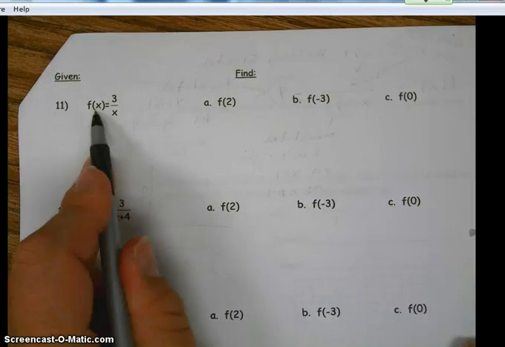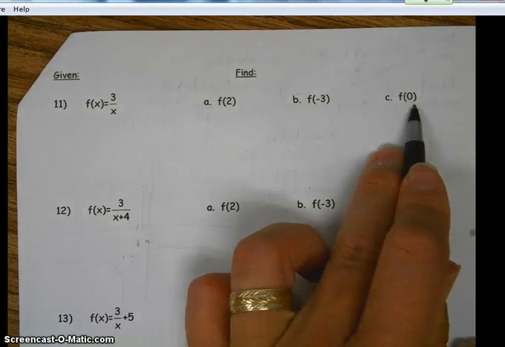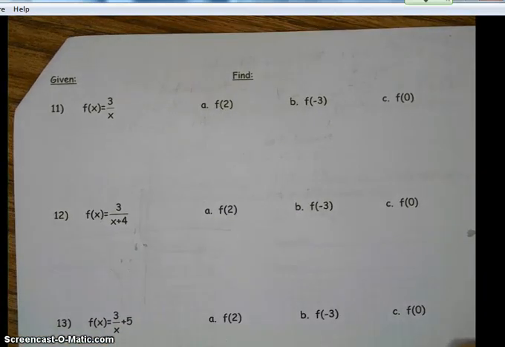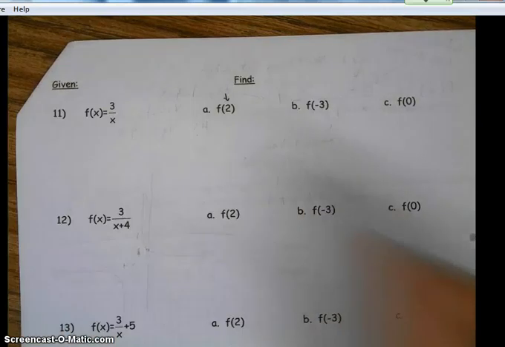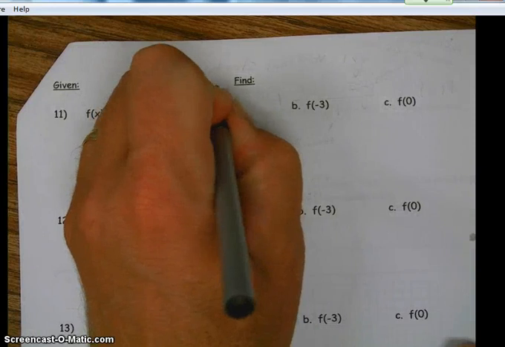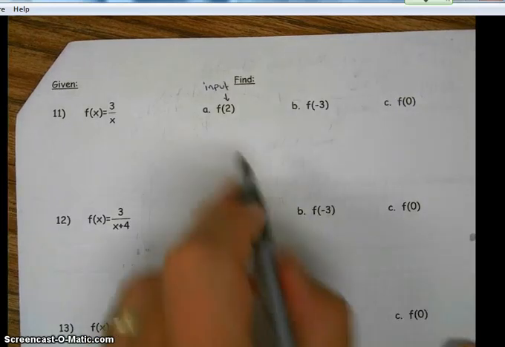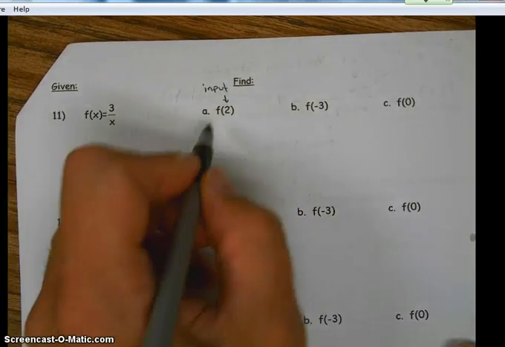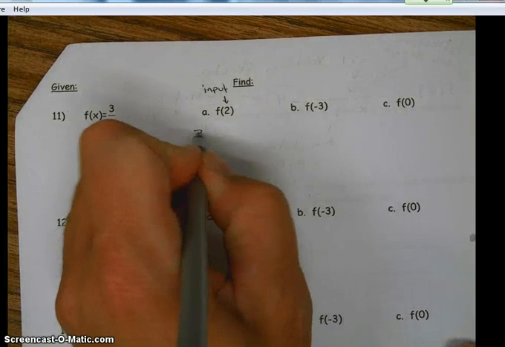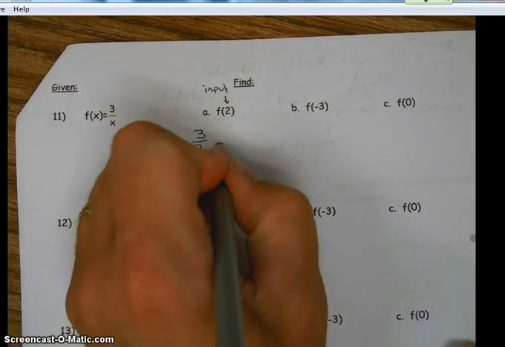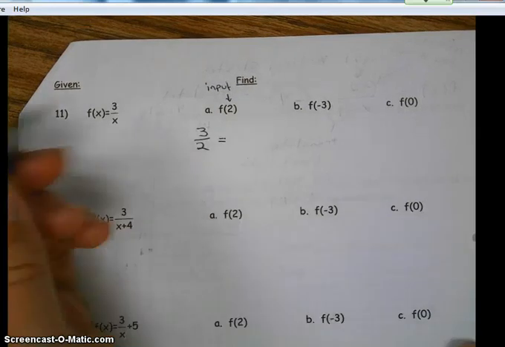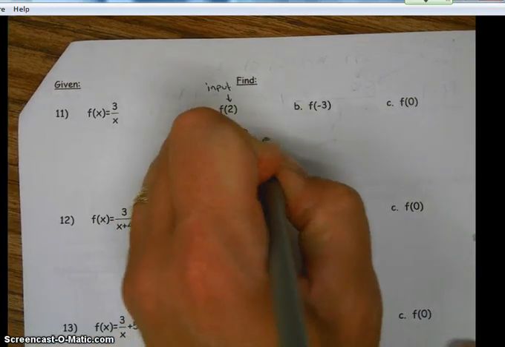Last page. Given a function, find these values of the function. So simple. Remember that the value within the parentheses is our input. So all we have to do is input that value into our function. So we would have 3 over 2, inputting the 2 in for x, and our answer is 3/2 or 1.5.